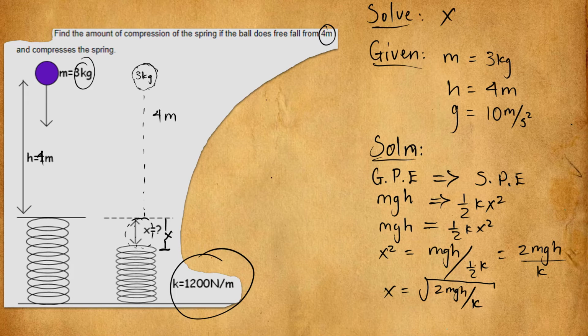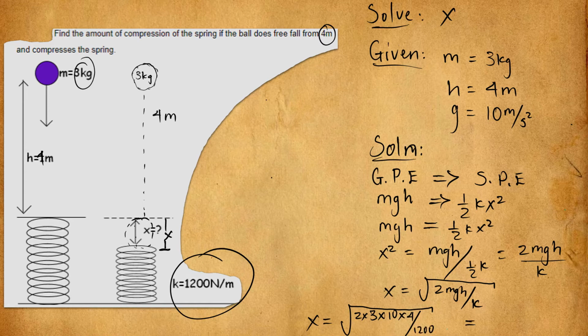Now if we plug everything in, we'll get 2 times mass, which is 3, times g, which is 10, and height is 4. All that divided by k, which is 1200.